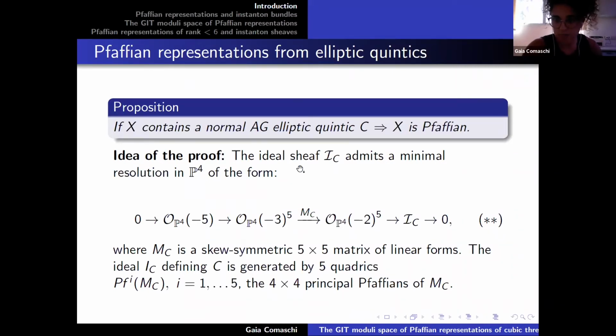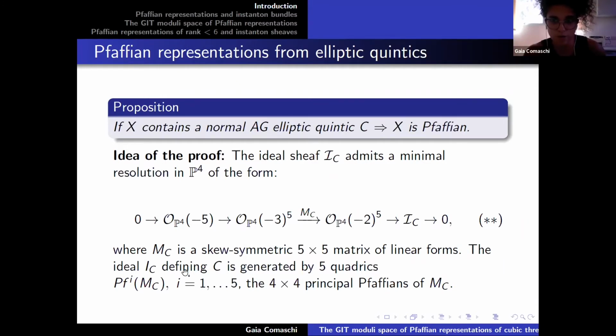If we have an elliptic quintic on the cubic X, then we can take its resolution in P4, and we obtain a complex of this form, where this differential is given by a skew symmetric matrix of size 5, whose entries are linear forms.